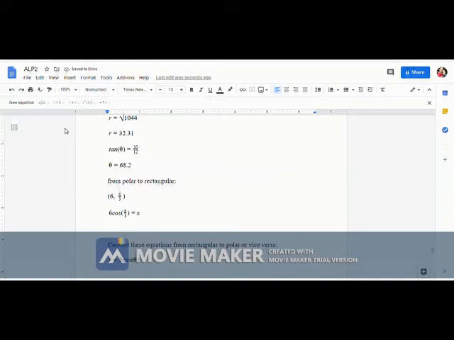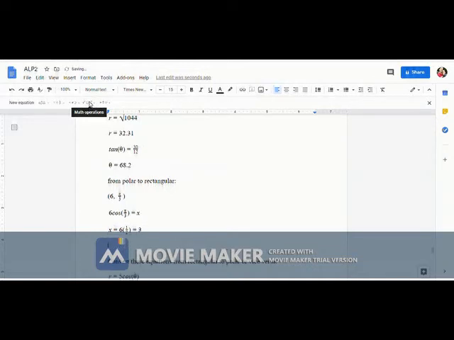Actually, we don't need to put that into a calculator because pi over 3 is a unit circle angle. So x equals 6 times 1/2, which equals 3.